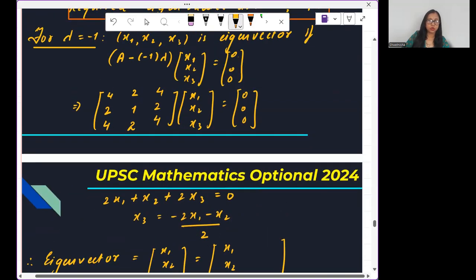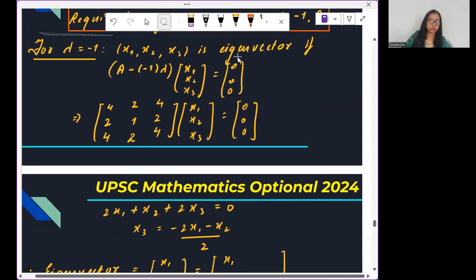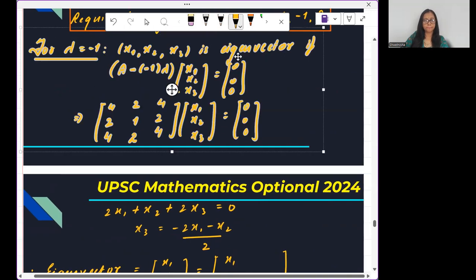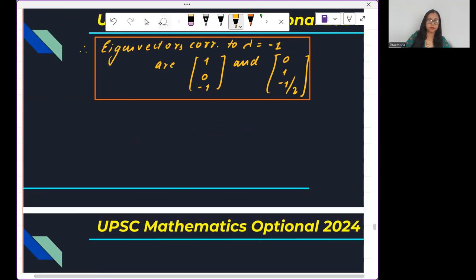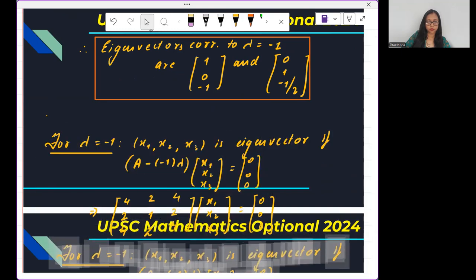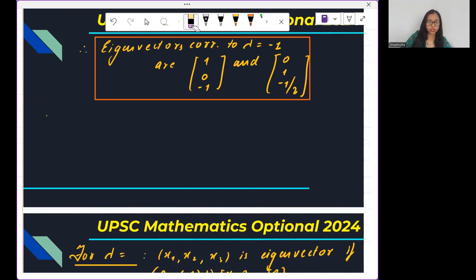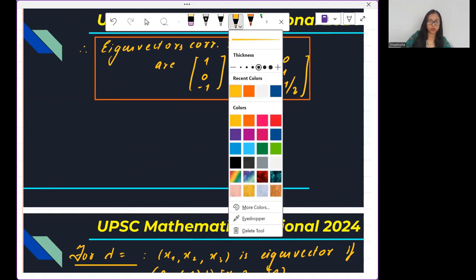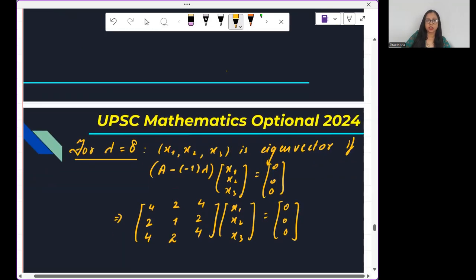For lambda equals 8, x1, x2, x3 is an eigenvector if A minus 8I is this.